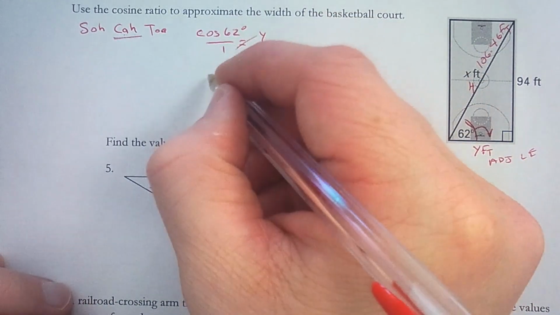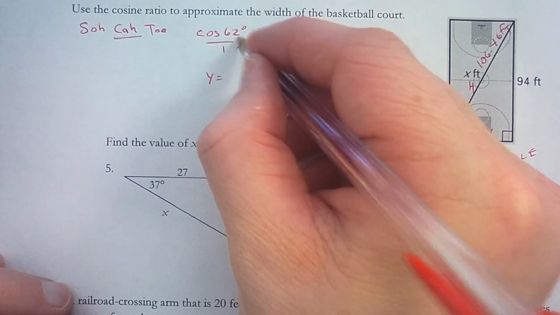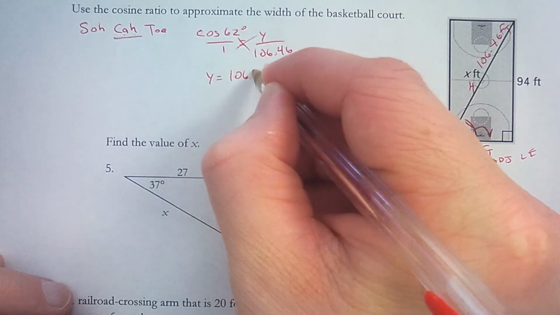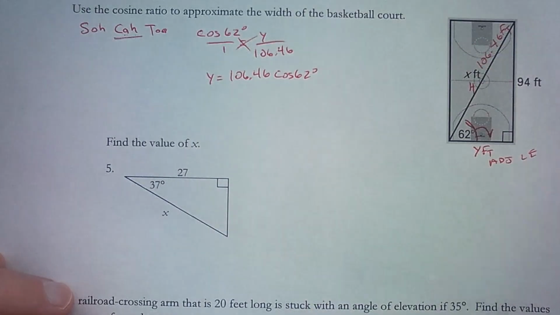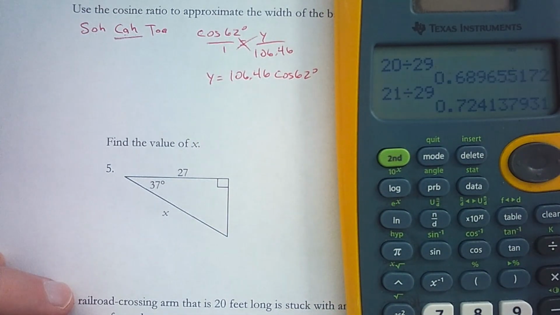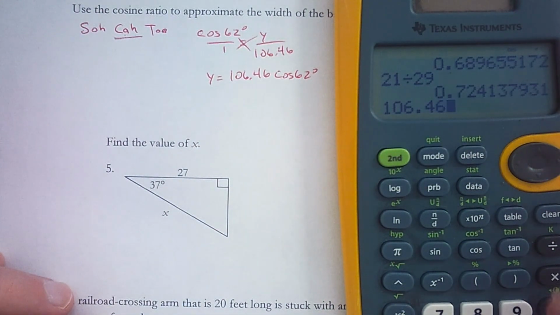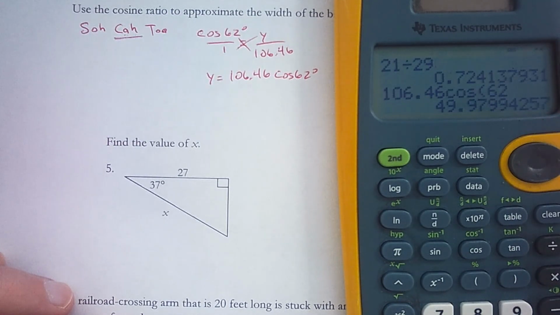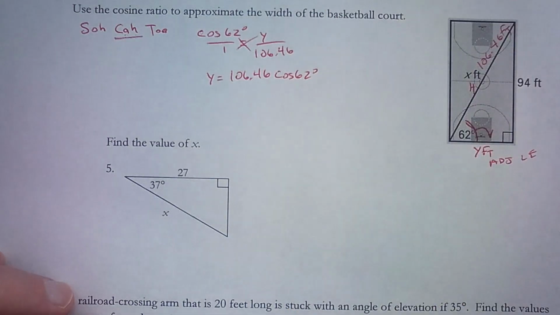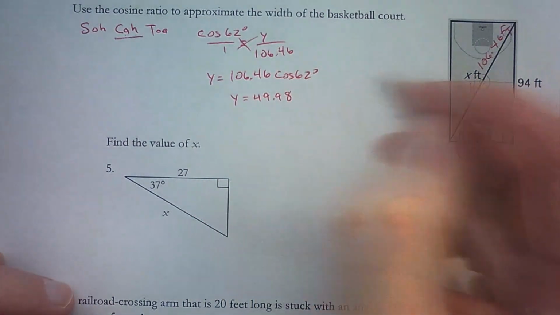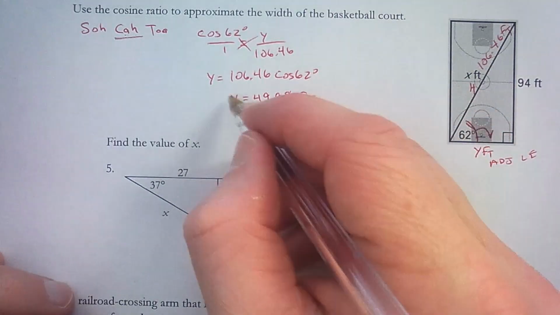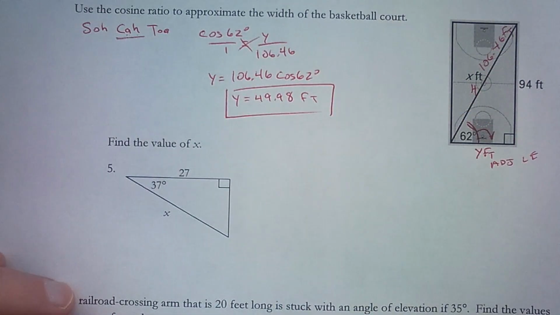I have y times 1, which is y, and my other cross product is 106.46 times cosine 62 degrees. That is 49.98. So y is 49.98, so it's right about 50 feet for the width of this basketball court.